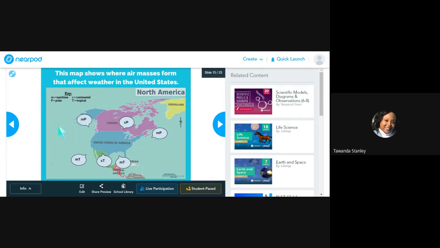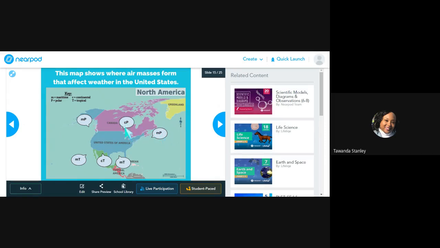Canada is considered to be cold, it gets cold in Canada. Okay, it's not to say that it never warms up, but most of the time it has cooler temperatures. And it's closer to the poles. So because this area is closer to the poles, all of these are going to have P's, representing the temperature of cool.